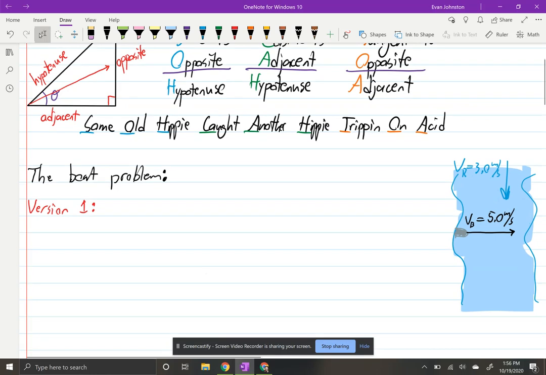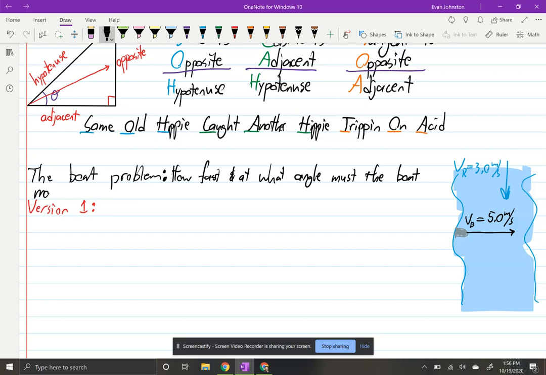So we want to find out how fast and at what angle must the boat move relative, and I'm going to use a fancy term here, relative to the horizontal.